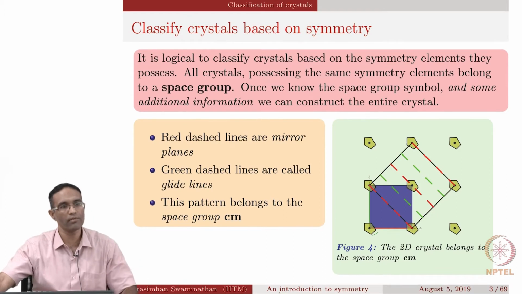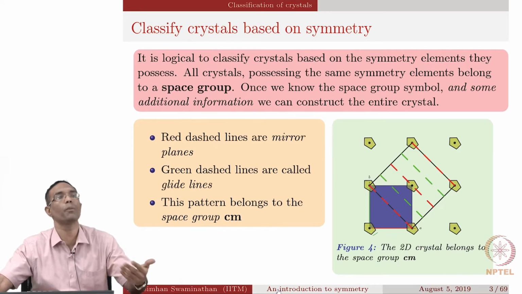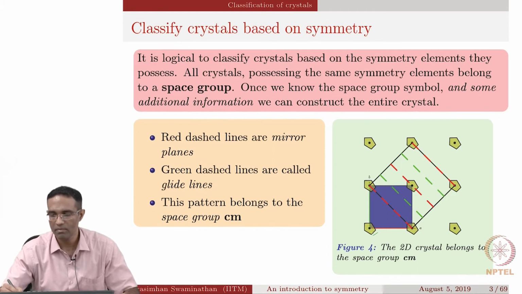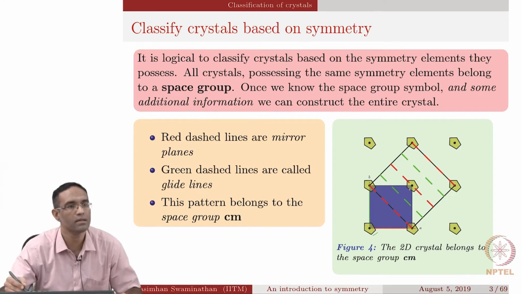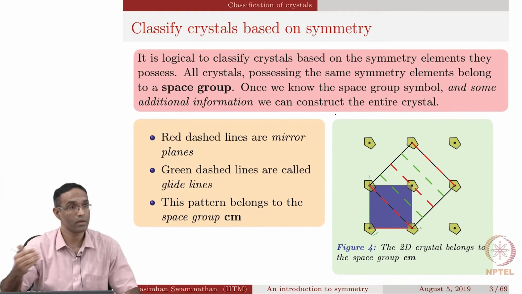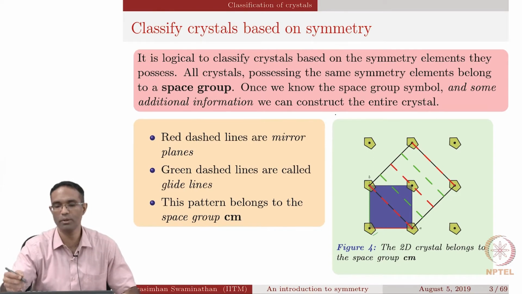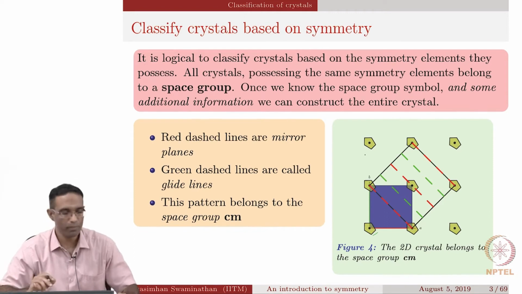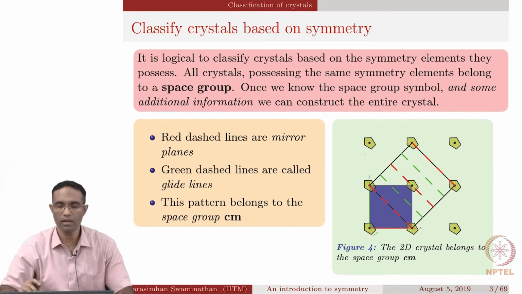For now you just have to understand that translation is an important symmetry operator by itself. It is not necessarily moving the lattice through the lattice vectors, but it can involve other operations such as reflecting by a mirror and moving through a lattice vector by half the lattice vector, to be precise.